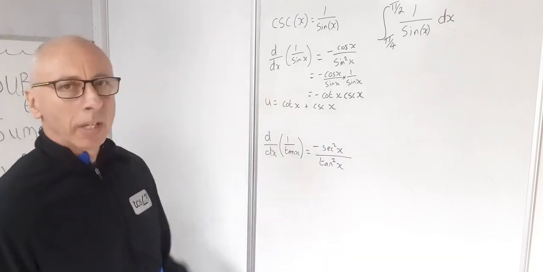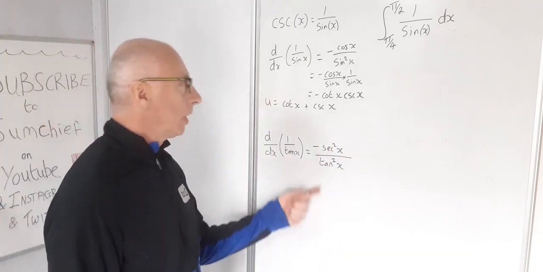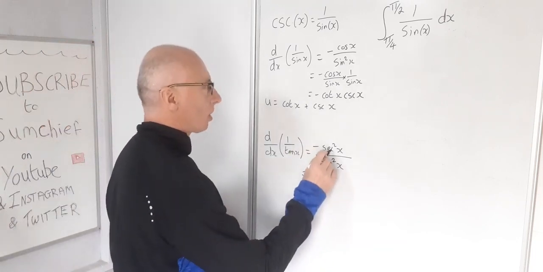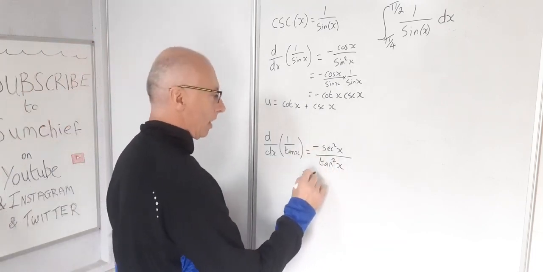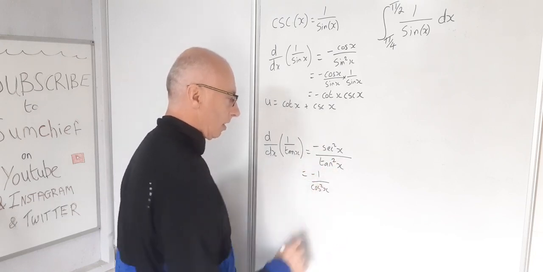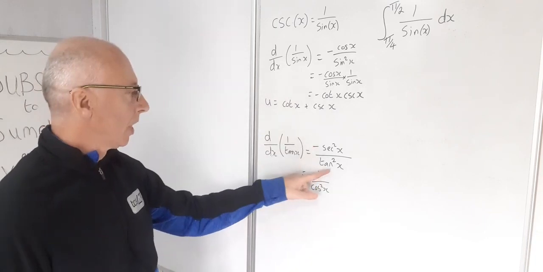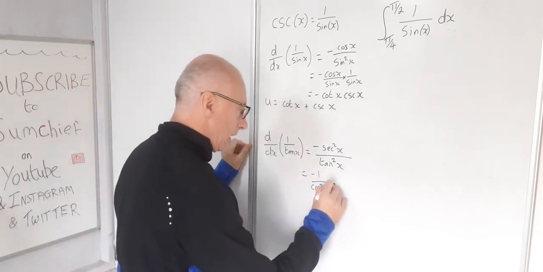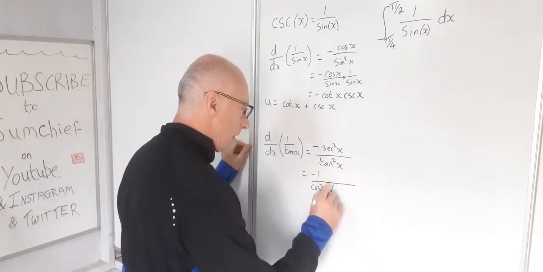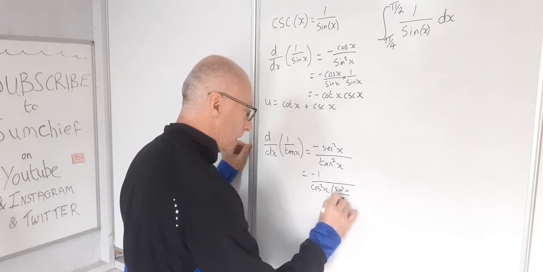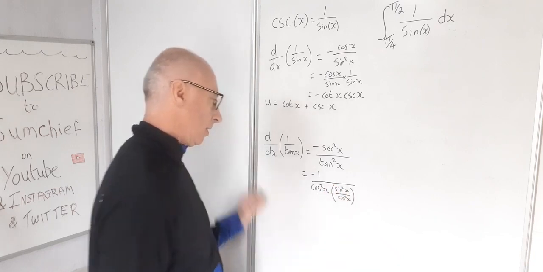Now that looks a little bit too intimidating for me to put into an integral, so we're going to try and simplify this off. So secant squared of x, we know that is negative 1 over cosine squared of x, including the minus sign, and tangent squared, well that's in the denominator, so we need to write that as sine squared of x over cosine squared of x.